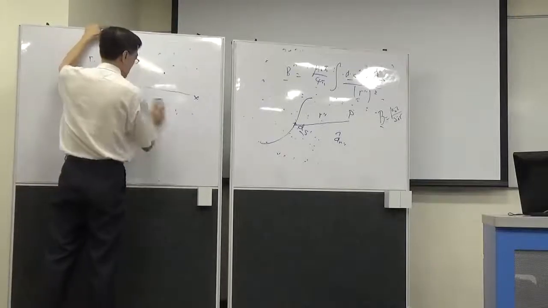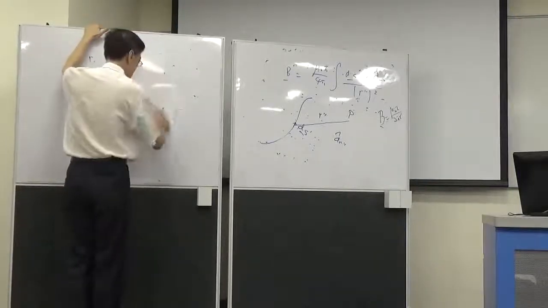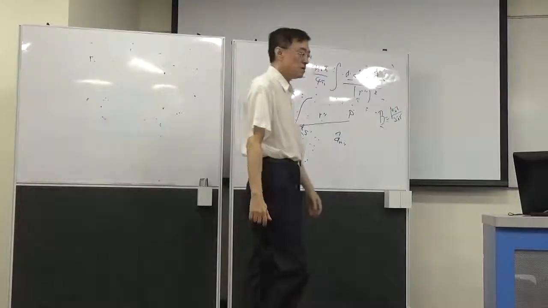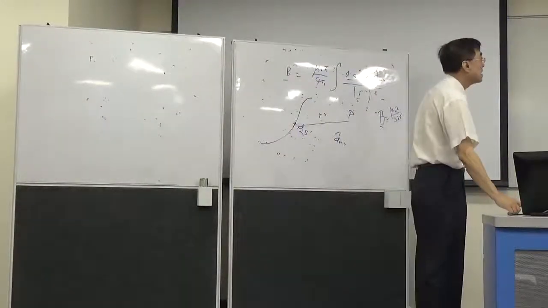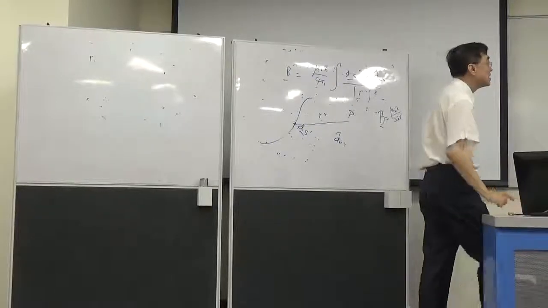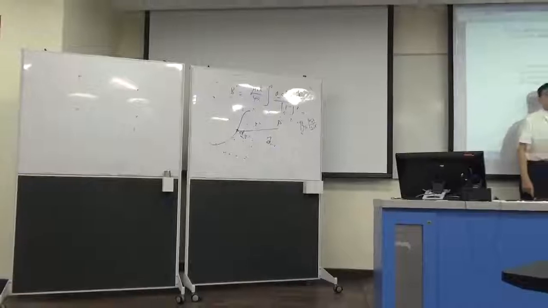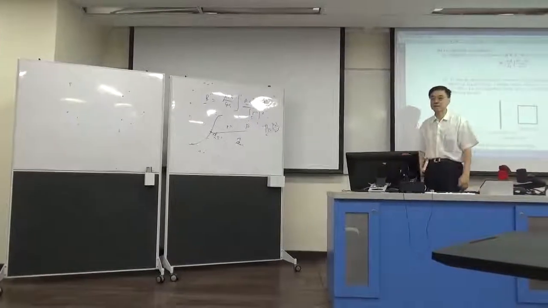The Biot-Savart part. The Biot-Savart law is not easy to use. Because this is one line, you use the Biot-Savart law once. But there are 4 lines, so you have to use the Biot-Savart law 4 times.